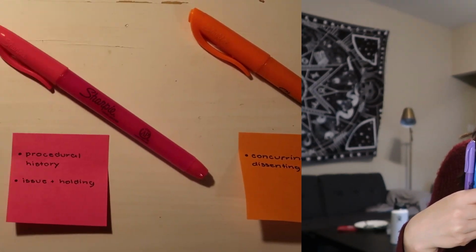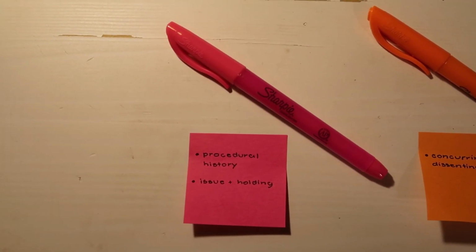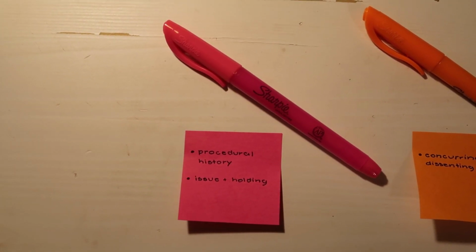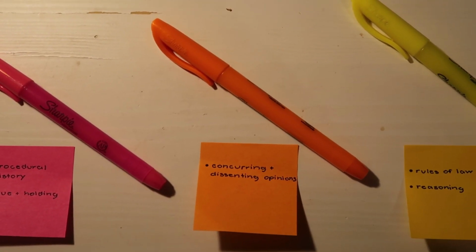So I use 6 highlighters and a black ink pen as my tools when I go into a case brief. And all 6 of these highlighters have different individual meanings. Pink is for procedural history and also the issue and holding, and I label the issue and holding separately as well so that I don't get them mixed up within the procedural history. Next up is orange, which is what I use to highlight the main points in concurring and dissenting opinions.